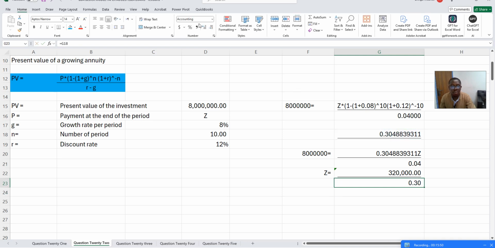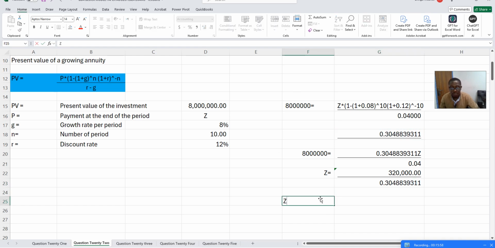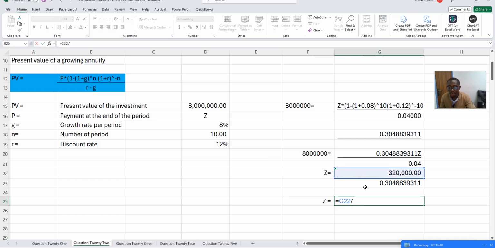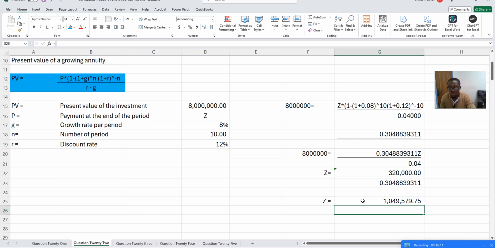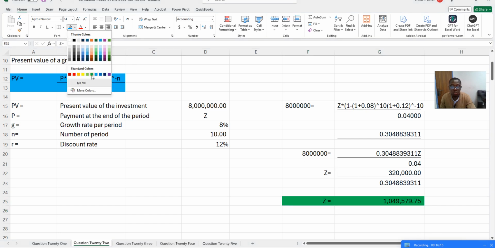Remember, our value is splitted up to that point. So you can agree that our value of Z, we should be talking of that divide by that to give us the value of Z. And this is what we were required to determine.